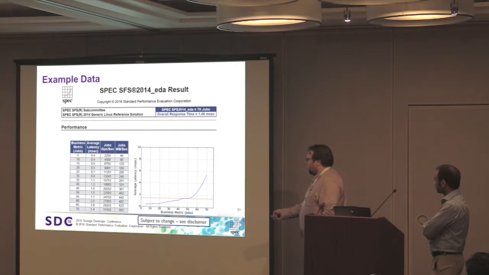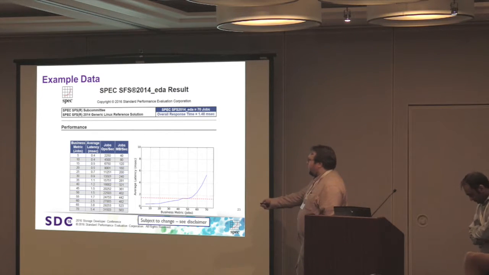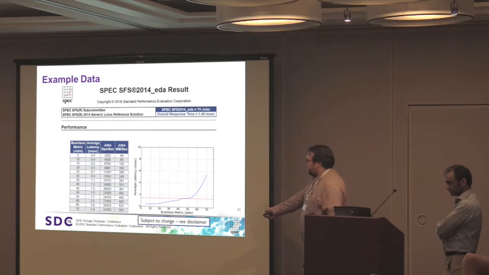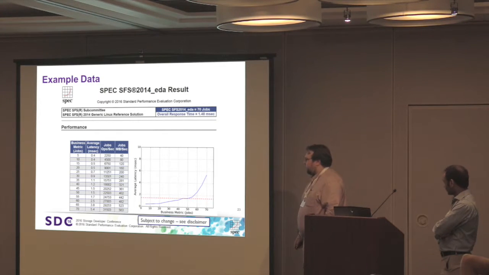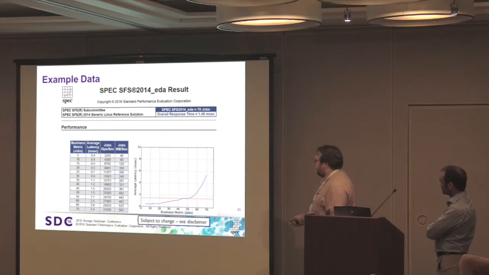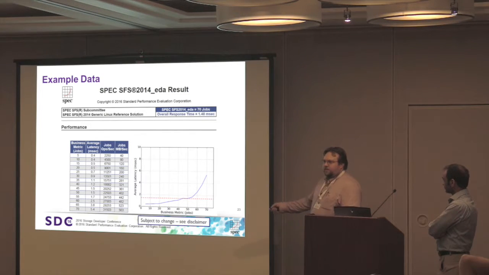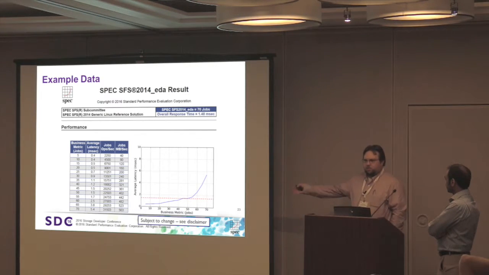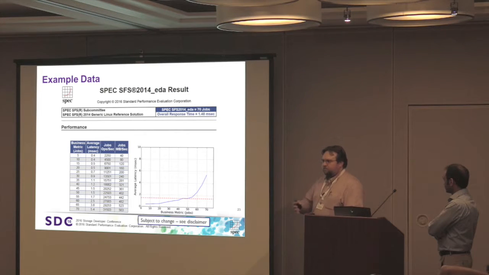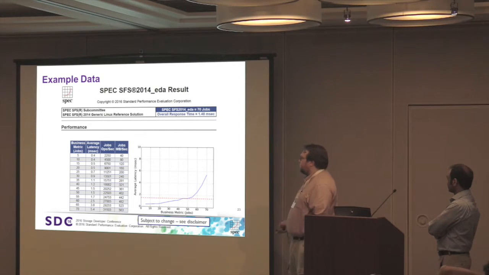In this case, we're SFS 2014, so we talk in terms of business metrics. But you can see even this generic Linux NAS server was managing a respectable 31,500 operations per second at a decent latency. Obviously, we have a standard knee of the curve, but things are looking well behaved, sort of reasonable NAS type performance, like you would expect.